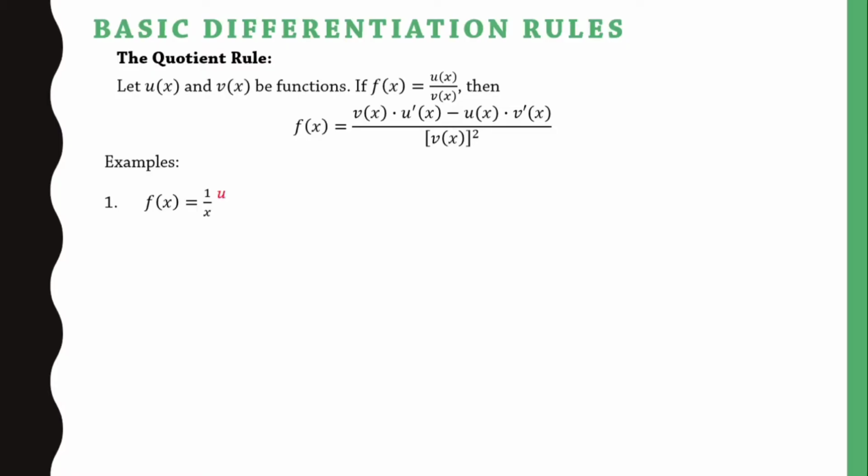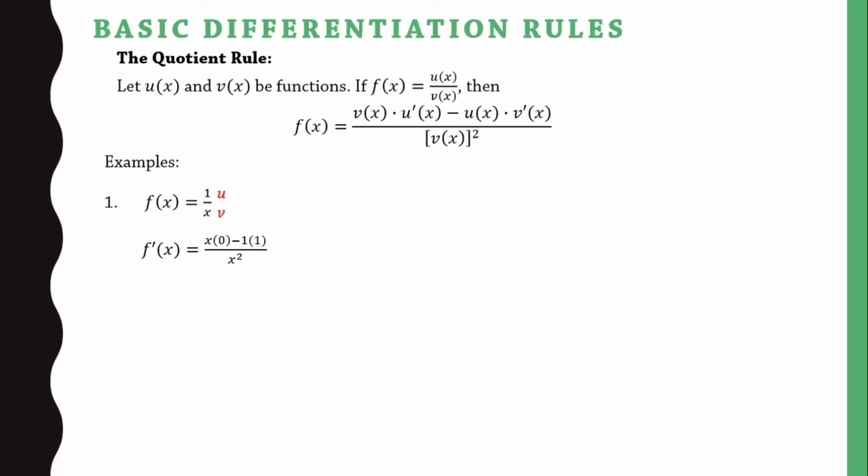So take note again, our numerator will represent u and the denominator will represent v. So in this situation, our u is 1 and v is x. So using the quotient rule, that's v times u prime. So we copy x. Then we get the derivative of u, or the derivative of 1, that's 0.